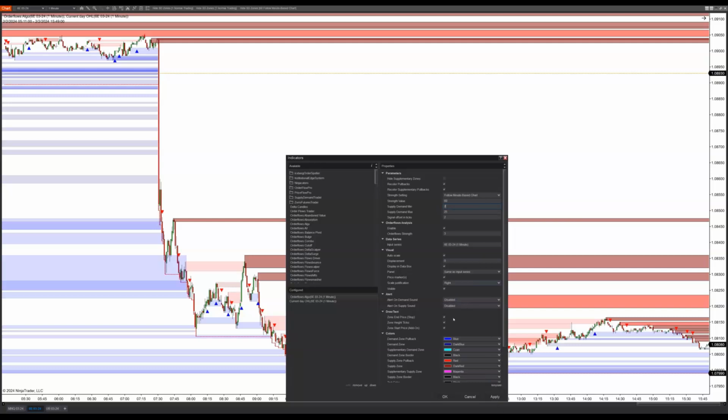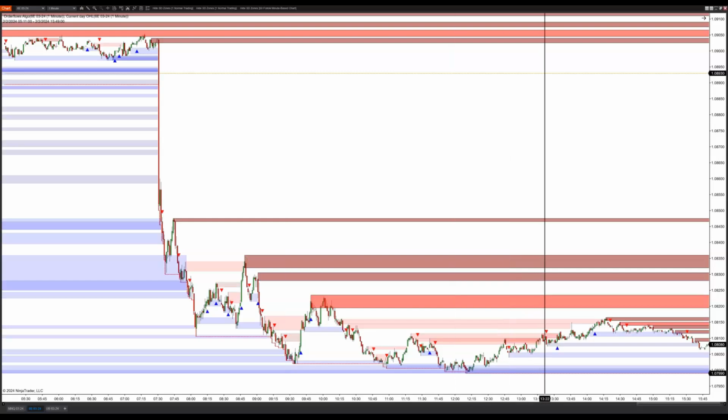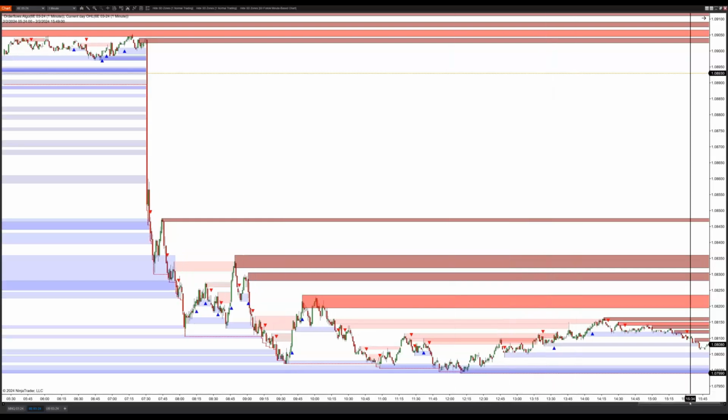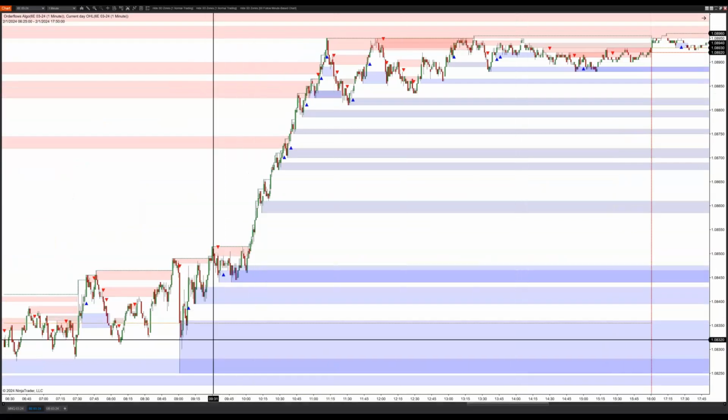Offsetting text. A second base chart. Seems like a bit more signals than I'd like. Okay. Again, Friday was a bit hectic.